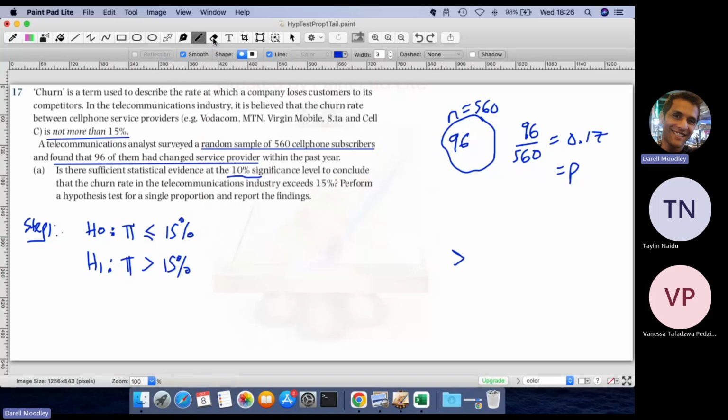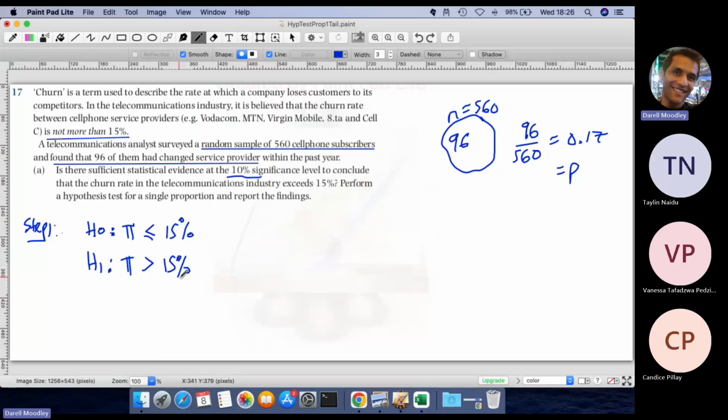If you recall from last week, you need to state whether it's an upper or lower tail test. How I determine that is I look at the symbol for H1. The symbol for H1 is the greater than, and I think of it as an arrowhead pointing to the right. That means if I had to do my rejection region, it would be on the right.